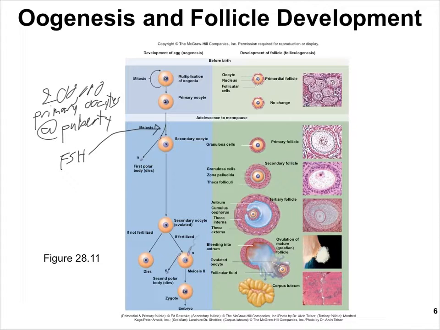The secondary oocyte will develop into what's ovulated. Alright? And if it is not fertilized, the secondary oocyte dies. It does not undergo the rest of meiosis. The secondary oocyte, if it is fertilized, then it actually undergoes the second half of meiosis, meiosis 2, and ejects a second polar body.